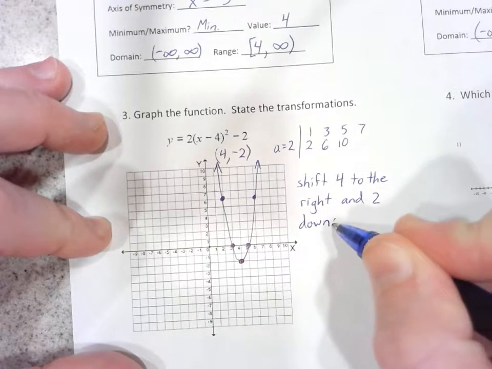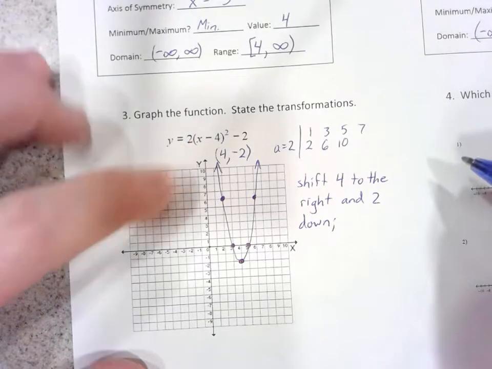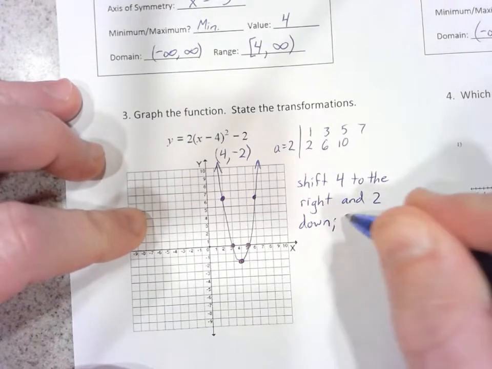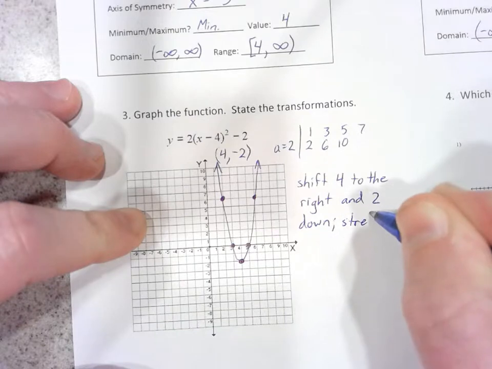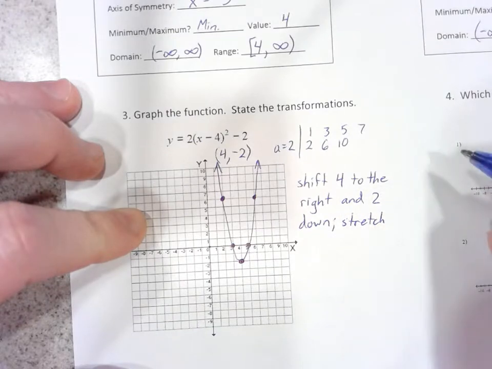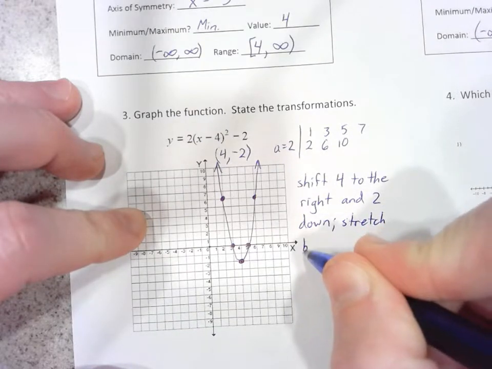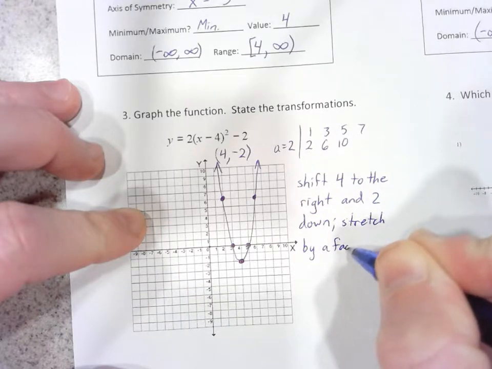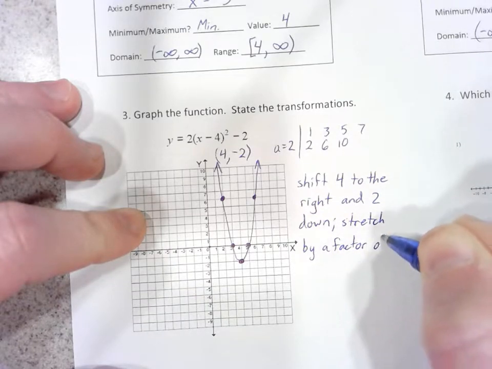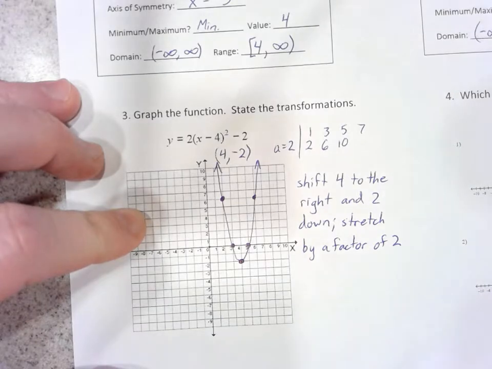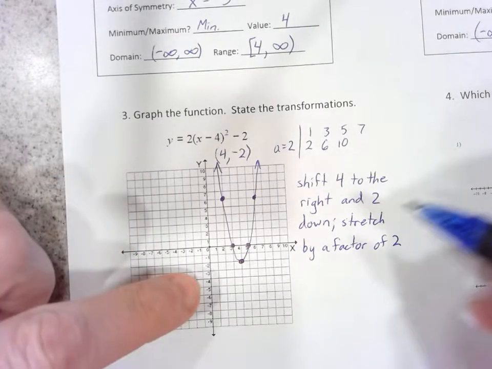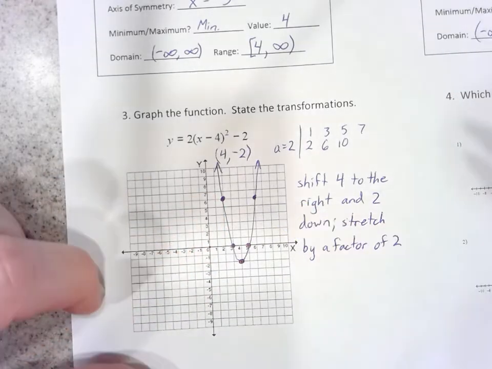And then the a value of 2 stretches. So we stretch by a factor of 2. So everything was made taller or narrower by that factor of 2.